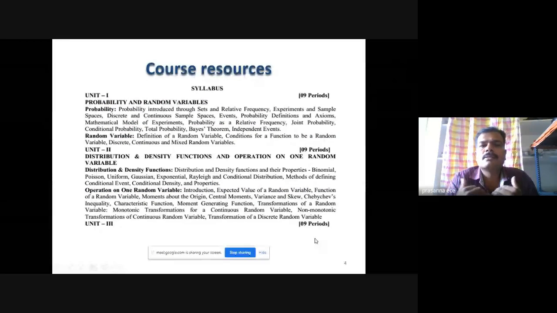Moving on to the next slide, we'll discuss the syllabus of this course and the lesson plan, that is, how we'll be completing the different lessons in the course. Once we discuss the syllabus, we'll come to how the teaching-learning process will proceed based on the outcome based education framework.